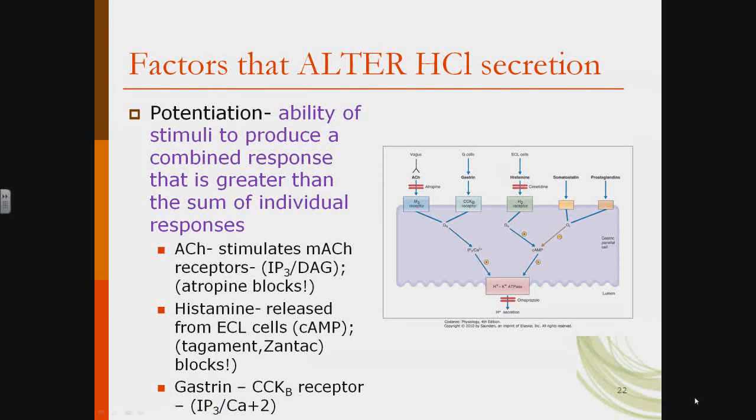If I consider the local release of hydrochloric acid through histamine, and I can quantify how much hydrochloric acid I get, say a liter, and then I actually collect how much hydrochloric acid I get when I have a neural response through the vagus nerve releasing acetylcholine, as shown in this right picture, maybe I get 2 liters. And then if I actually collect how much hydrochloric acid I get from the G cells releasing gastrin, let's say I get 3 liters. Well, if I get 3 liters for gastrin, 2 liters for the vagus nerve releasing acetylcholine, and 1 liter from histamine, that's a total of 6 liters.